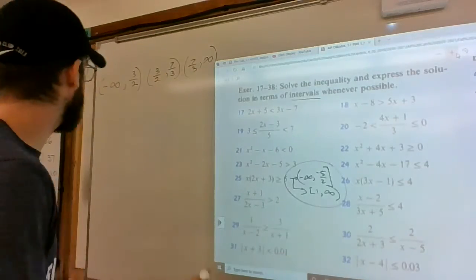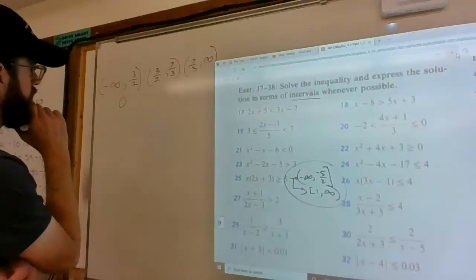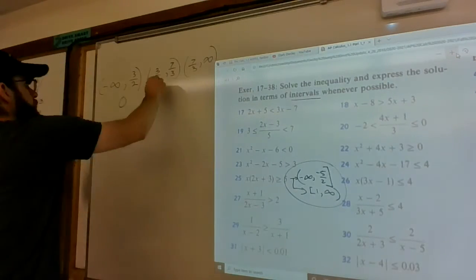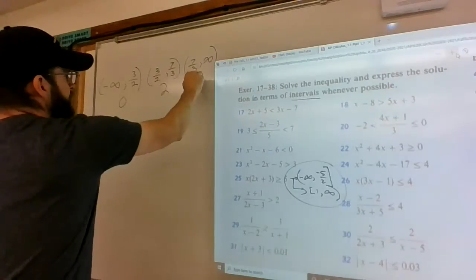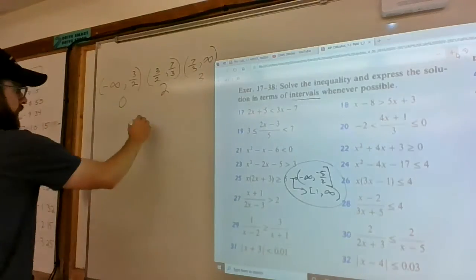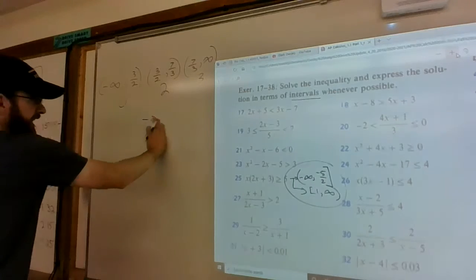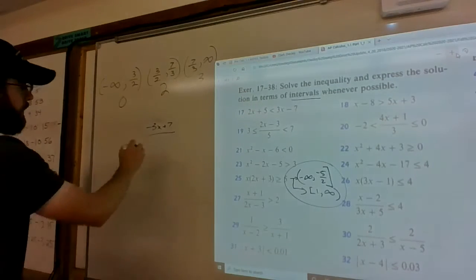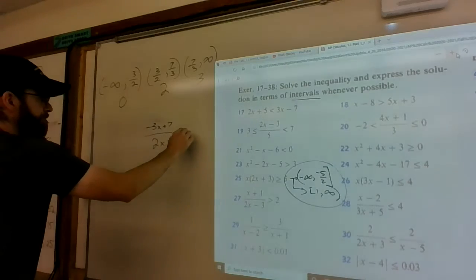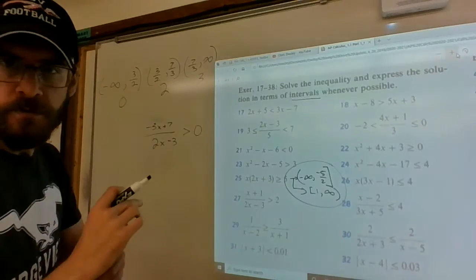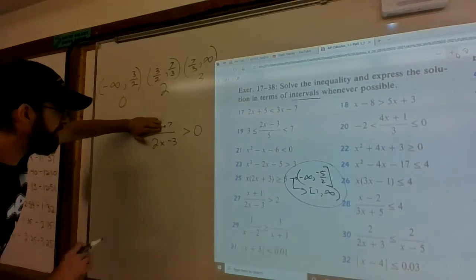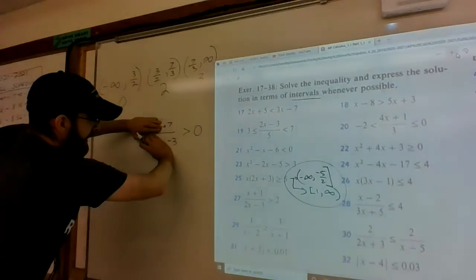All right, do a quick test. 0, this is 1.5, this is 2 1/3. I'm going to use 2. And 3 right here. So the thing we're testing into is this right here. Yeah. So then plug in 0, you get 7 over -3, which is a negative number.